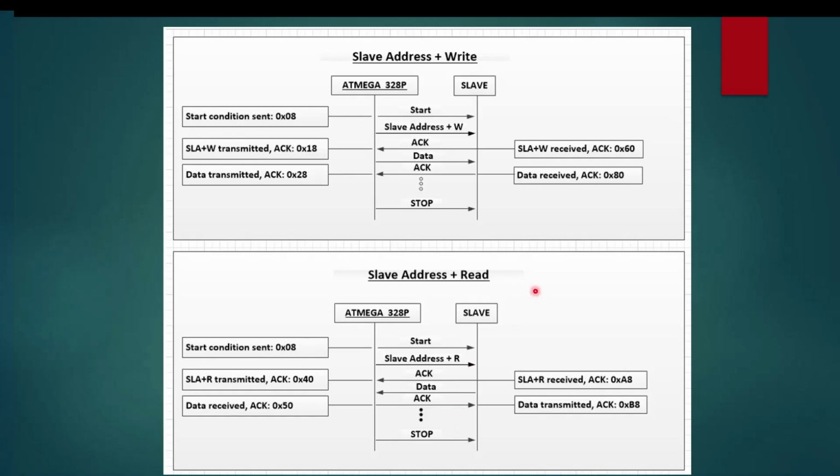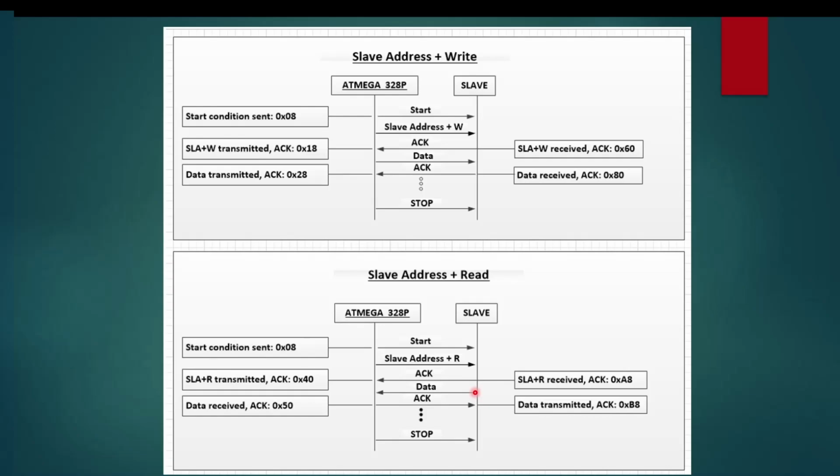Now, let's look at this from the slave's point of view. A slave, from the start, is going to monitor its status register until it gets an A8 hex, Alpha 8, which means that it has received its own address with a read command. At that point, the slave will start transmitting data.